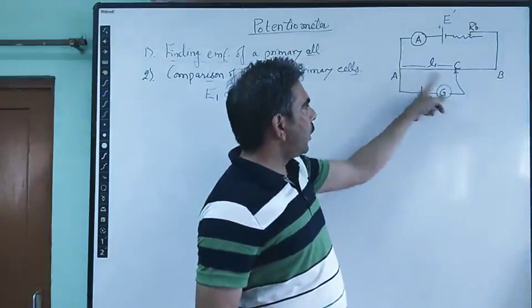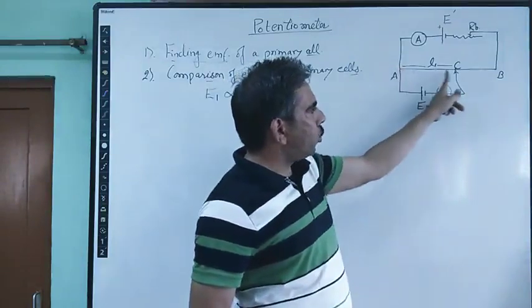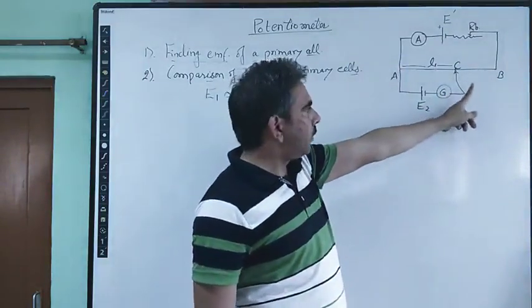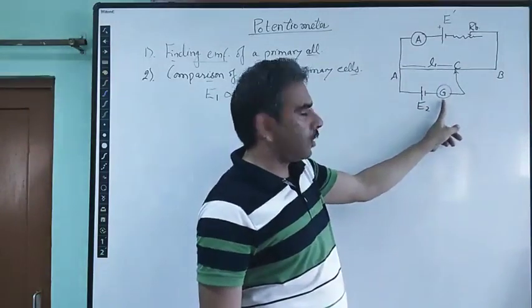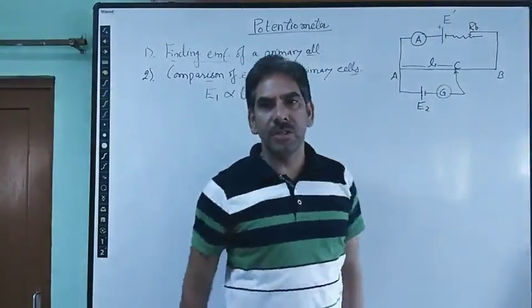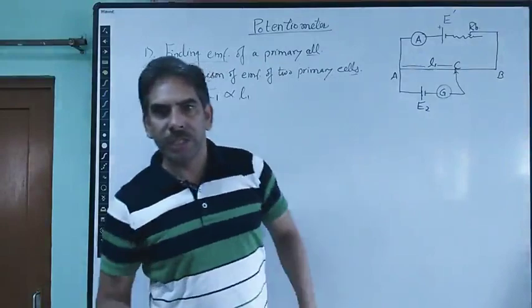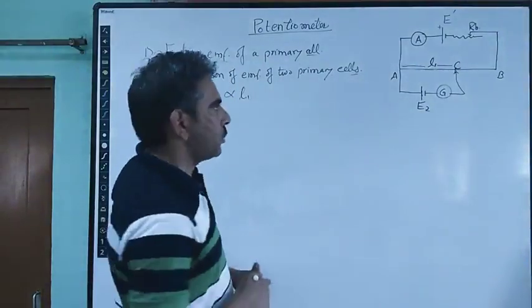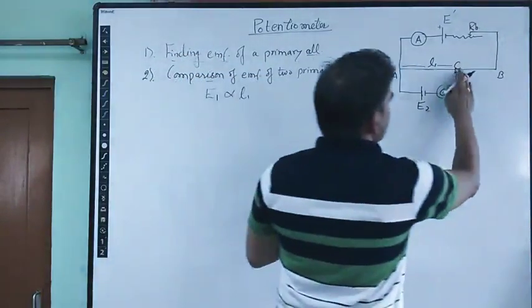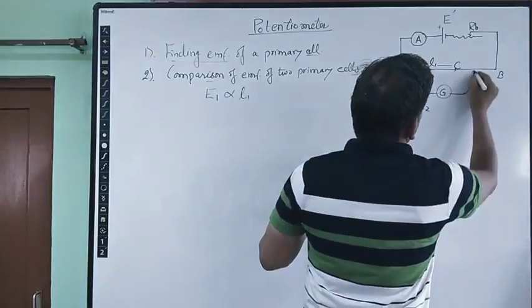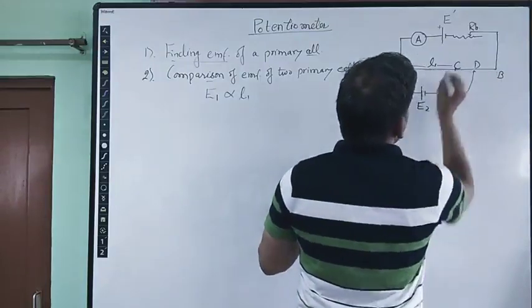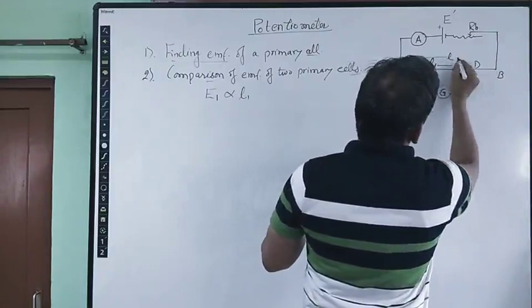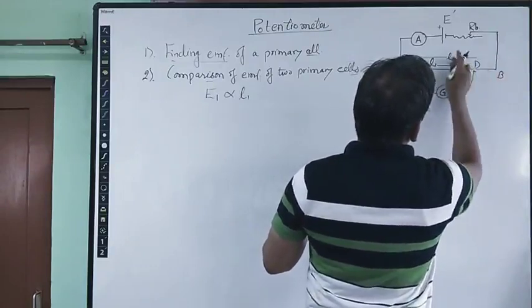We take the pointer, keep it at point A, and slide it over the potentiometer wire. There will be one point where the deflection of the galvanometer will be 0. That means no current is flowing through the galvanometer in that particular situation. Suppose that that point is, for example, point D for the second cell, so that the balancing length for the second cell is L2.